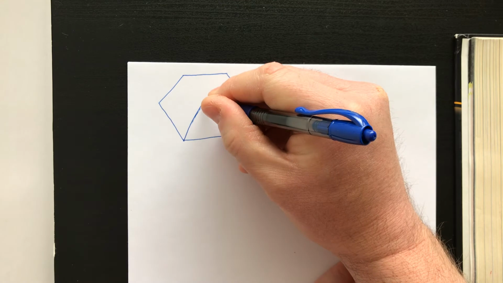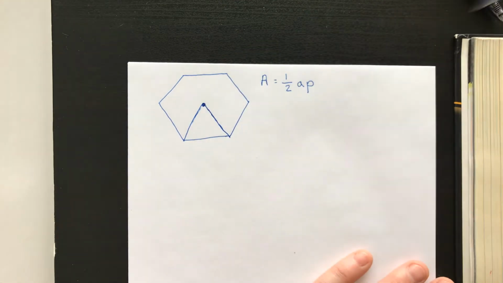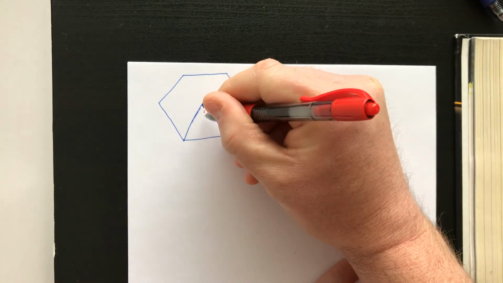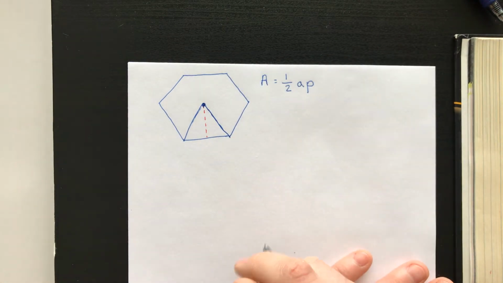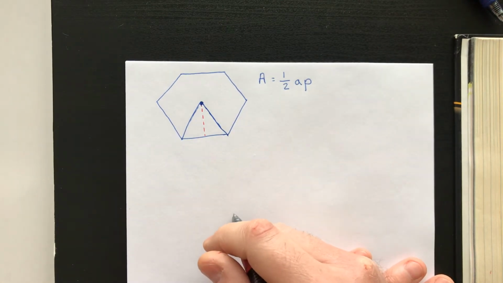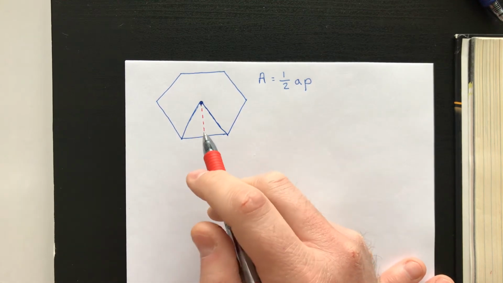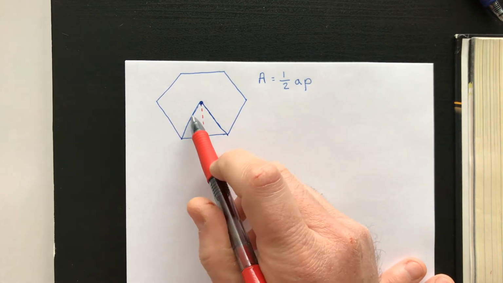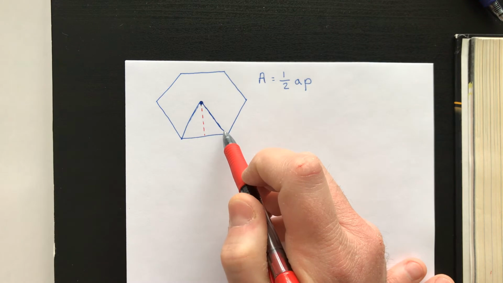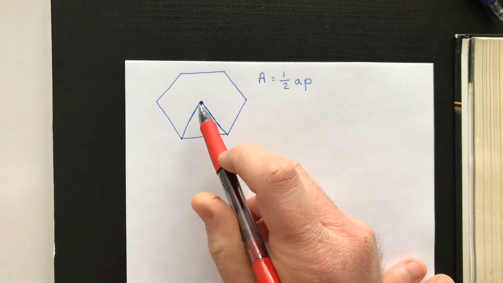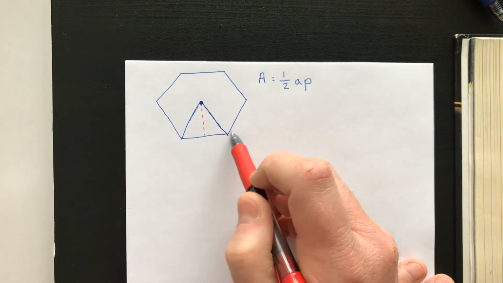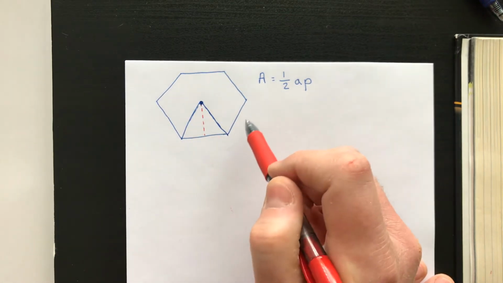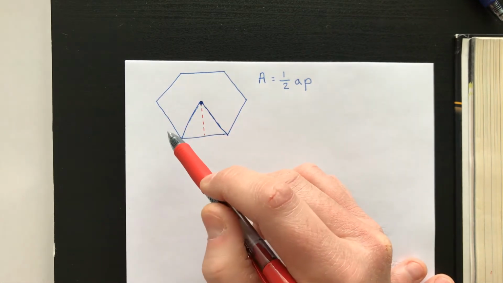This line here, and I'll use red, that line is the apothem. When I'm doing my problems, I'm always going to form this triangle inside of my polygon with the apothem right here. And then p stands for the perimeter of this entire hexagon.